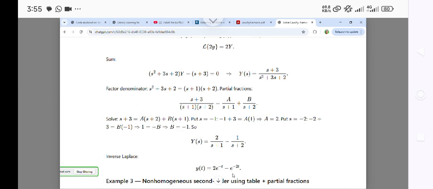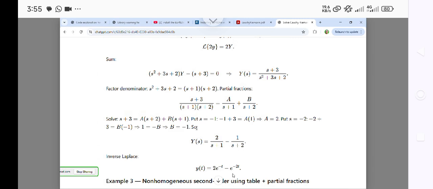Here we put -1: -1 + 3 is 2. So we have 2 equals A times 1, so A equals 2. Repeat the same thing for B. You have to make sure that s equals -2, so that we can eliminate A and get our B. When you do that, you have B equals -1.